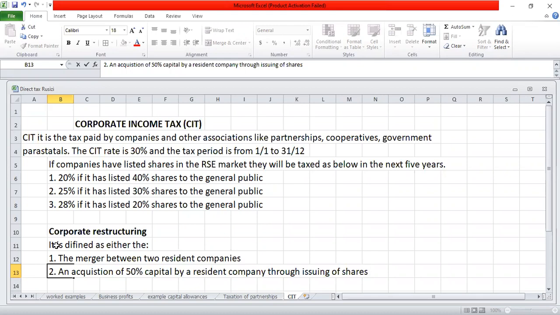A resident company acquires another resident company, but it has acquired 50% or more than 50%. The minimum should be 50% of another resident company, but the acquisition is through issuing shares. If the acquisition is through issuing shares, then that one is going to be classified as a corporate restructuring.